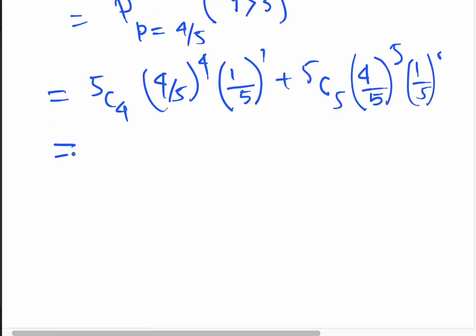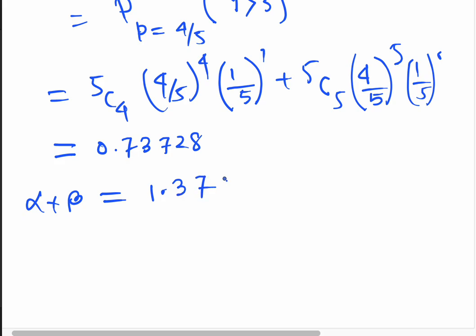So this will be 0.73728. Now if you add alpha plus beta, you will get 1.370. So that's the answer.